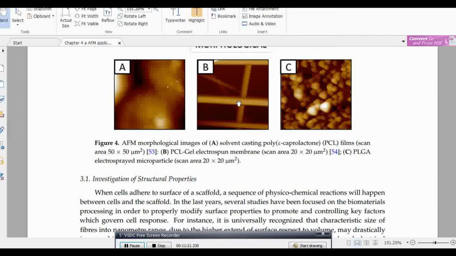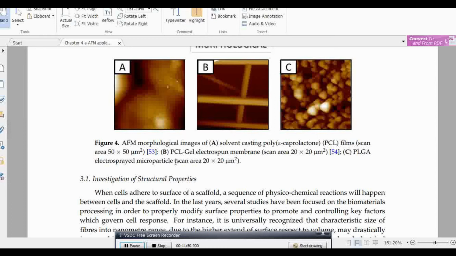B is PCL gel electrospun membrane, scan area 20 times 20. And C is PLGA electrosprayed microparticle, scan area 20 times 20. Can you tell the difference? The 20 times 20 is much better in resolution compared to the 50 times 50, and this also has to do with the types of material deposition.